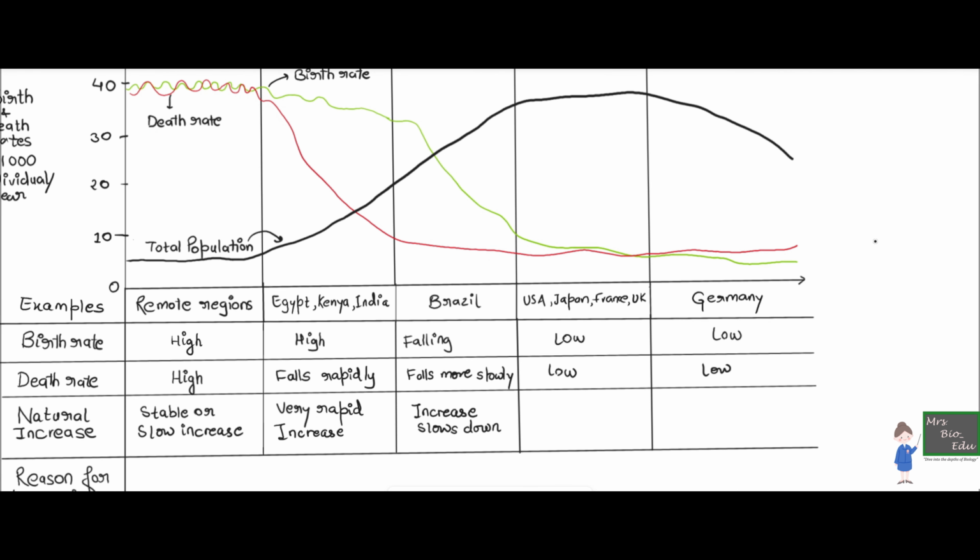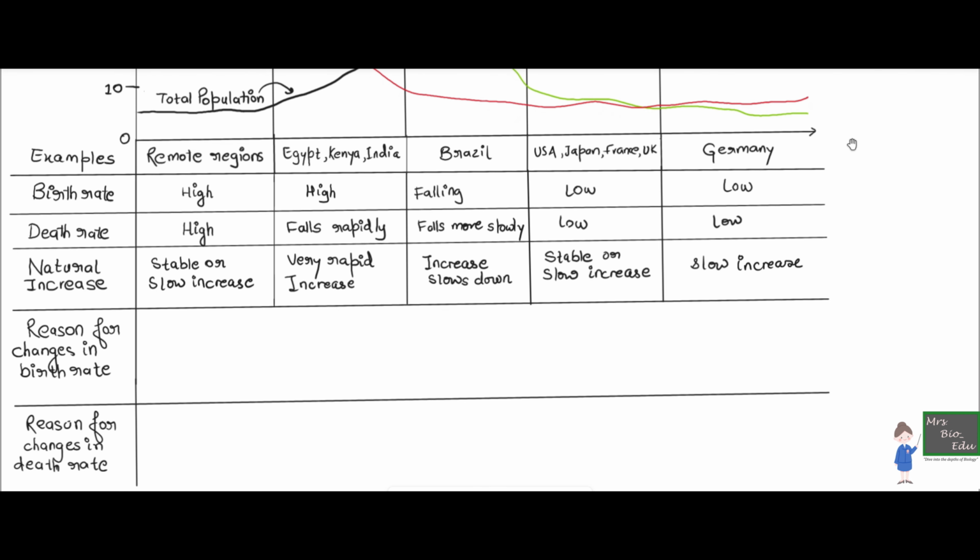For the developed country, both birth rate and death rate are very similar to each other. And for the declining one, the birth rate is less than the death rate, meaning fewer individuals are born every year and more are dying, which decreases their population size, hence they are called declining.